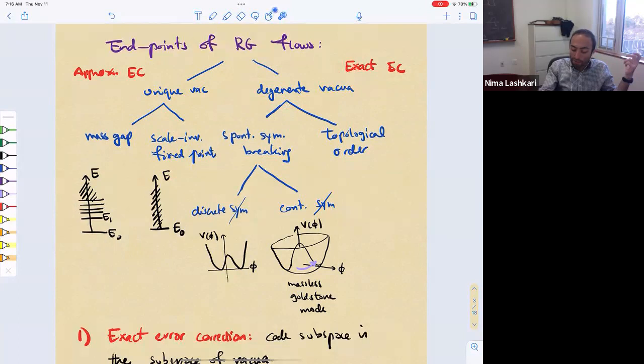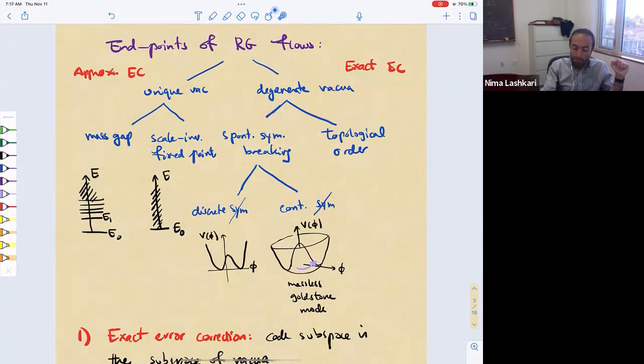So you could have degenerate vacuum due to two reasons. You could have spontaneous symmetry breaking or topological order, right? Topological order famously does give you quantum error correction. And spontaneous symmetry breaking also gives you classical error correction. So this is important. This side is classical error correction. This side is quantum error correction. We'll go through some examples.